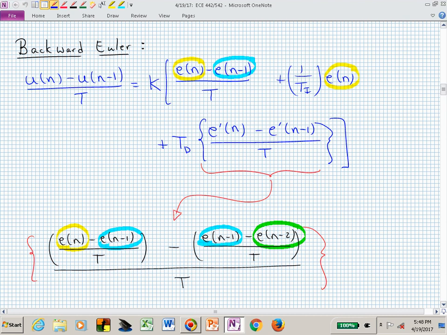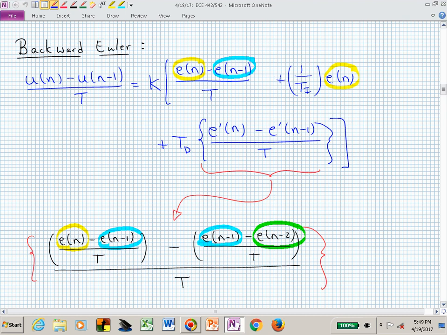We can quickly find u of n on the left by multiplying both sides through by capital T. That will eliminate some of these T's in the denominator. In the red bracketed term, it only eliminates the very bottom T. We still have some T's underneath some e's in the red bracketed term. And the red bracketed term, don't forget, is scaled by T sub d inside the square brackets, and outside the square brackets, every term is scaled by capital K.